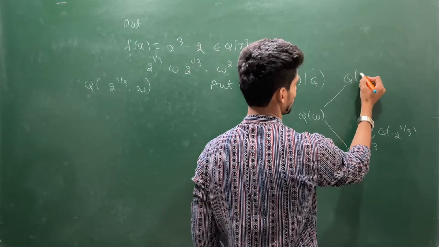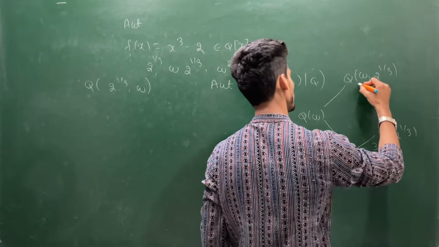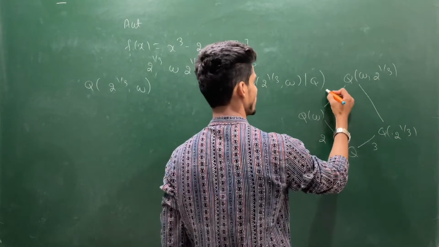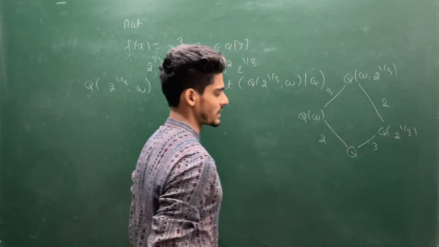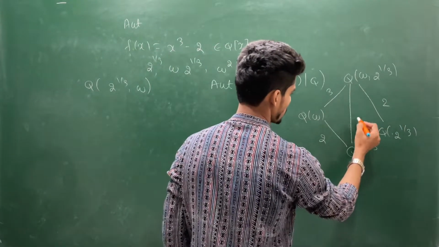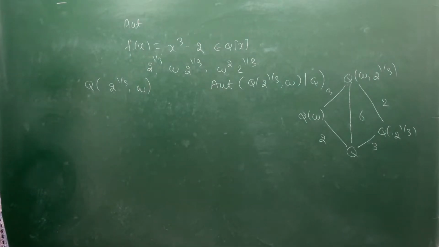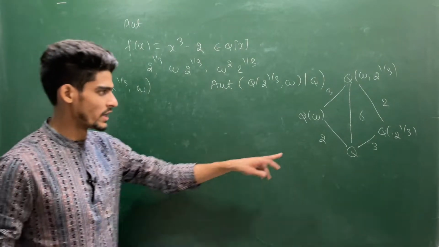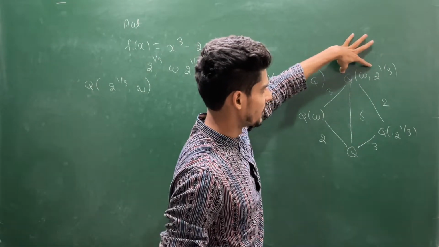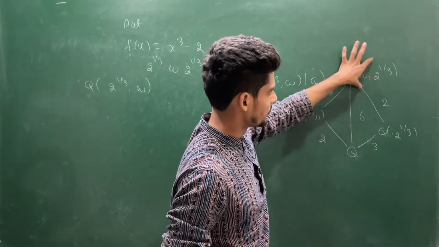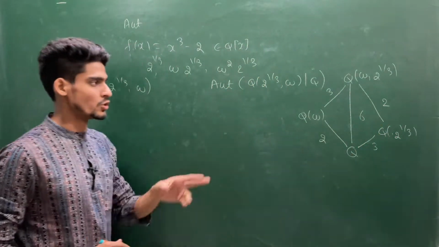From here you can reach up to this with a 3 degree extension, or this is a 2 degree extension. So this overall is a 6 degree extension, because these two are relatively prime. Or you can go this way: degree of this over Q will be degree of this over this times degree of this over Q. So you will get 6.